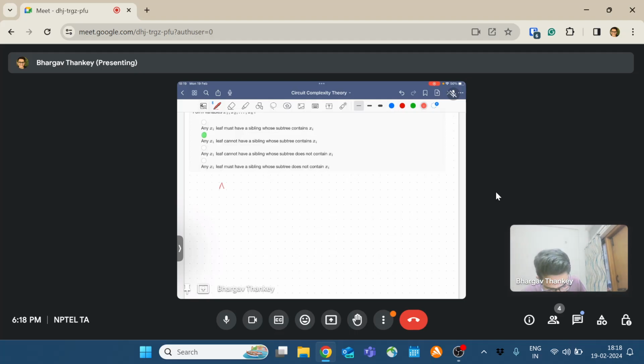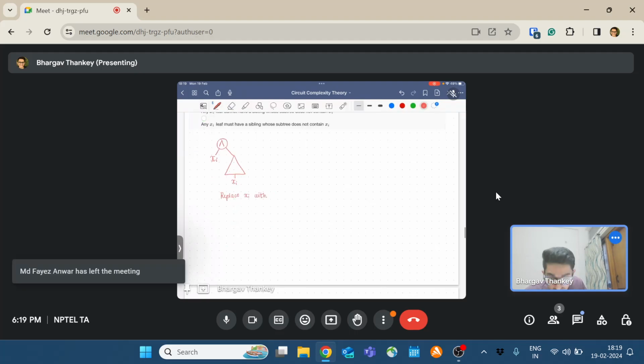Okay, so let's quickly write this. So for the AND gate, suppose you have xi over here, you can replace xi with 1 without changing the output.